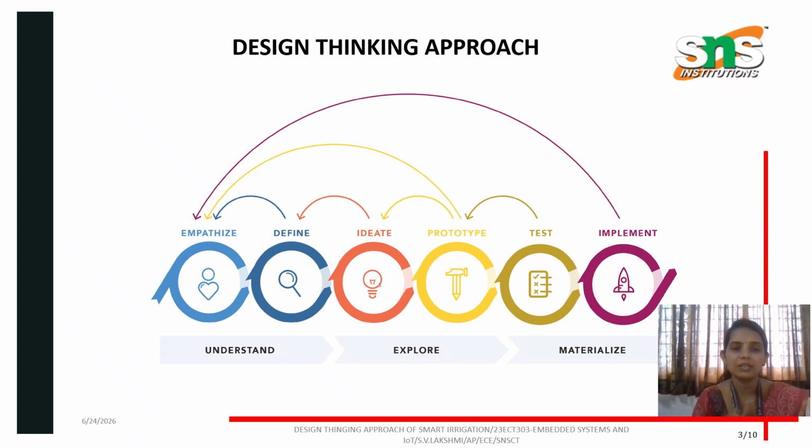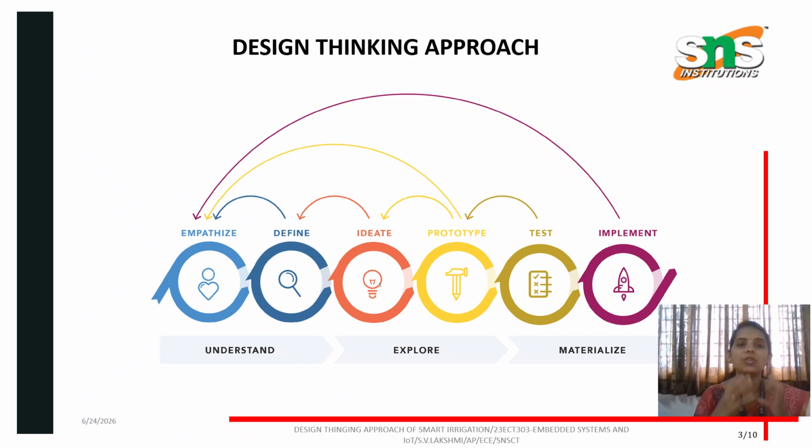The second stage is define. In stage 1, empathy, we focus on the need of the end user, and stage 2 is define. Stage 3 is ideate, where the proper idea for the problem is identified and the solution is given. Then prototype, where we create a model for the solution generated.